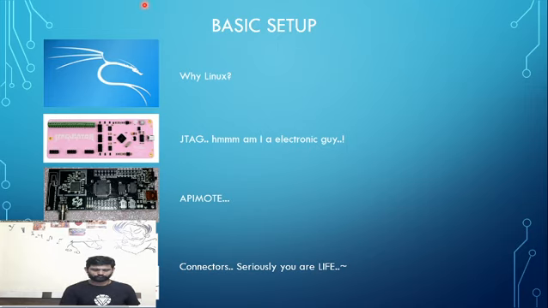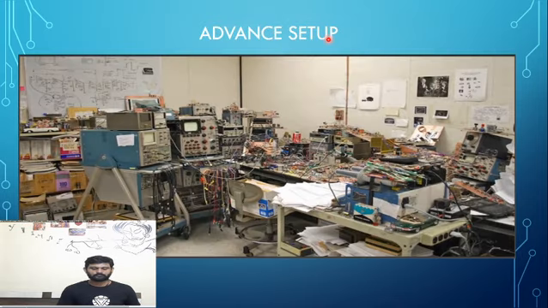Now this is a basic setup. What about an advanced setup? You can buy endless stuff. As new devices come, you need to buy something. As a new device may have another way to communicate, you have to build your own PCB boards to communicate with that device.